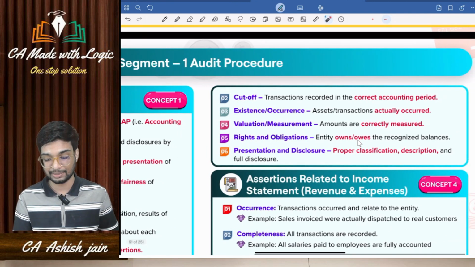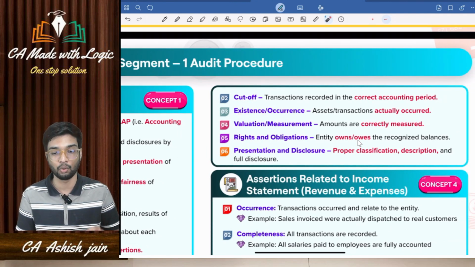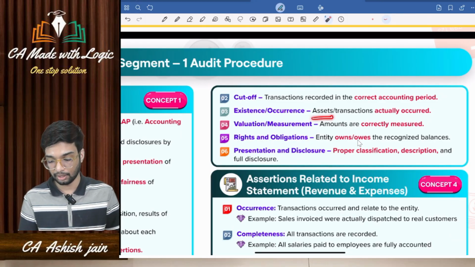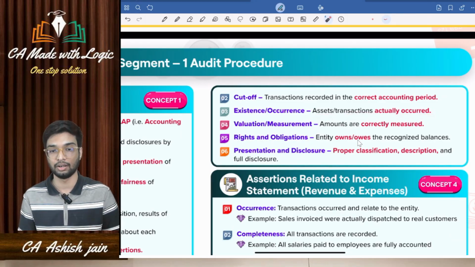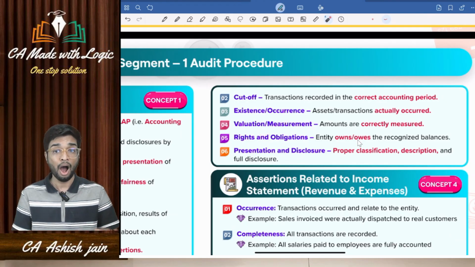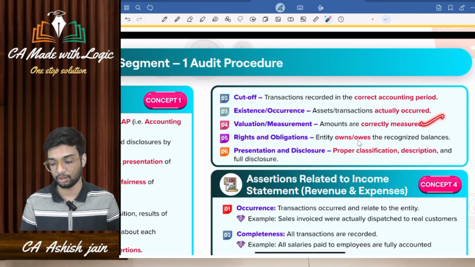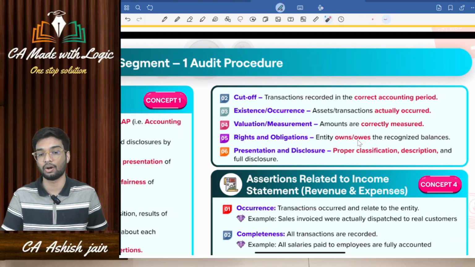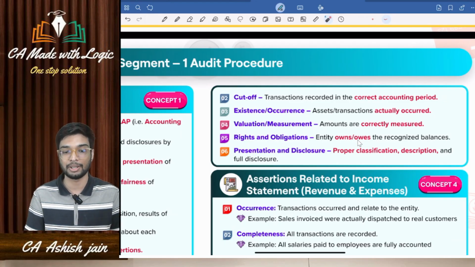Then come existence and occurrence, which are both the same thing. Assets and transactions have actually occurred. When the transactions have actually occurred, it talks about existence. Then comes valuation, which is whether amounts are correctly measured or not. Whether amounts are properly recorded talks about valuation or measurement.